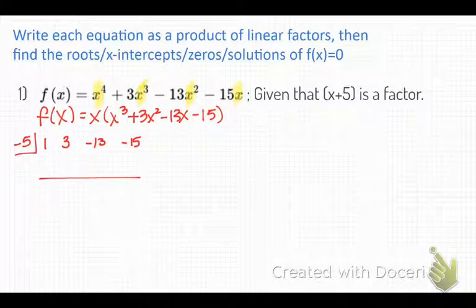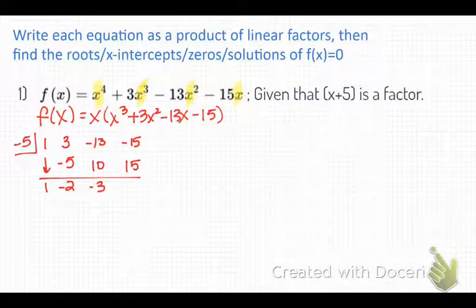So I'm going to bring down the 1. This is negative 5. 3 minus 5 is negative 2. Good. So this is 10. Negative 13 plus 10 is negative 3, then positive 15, and a remainder of 0.